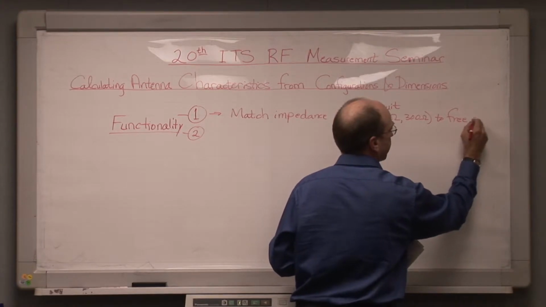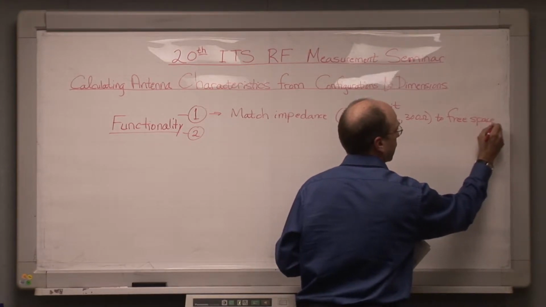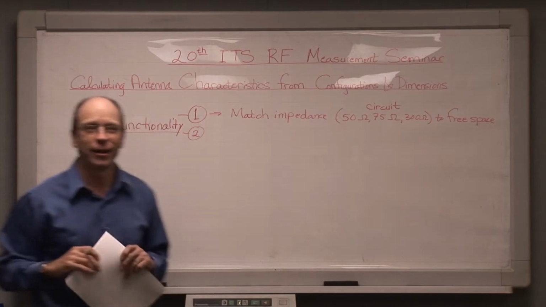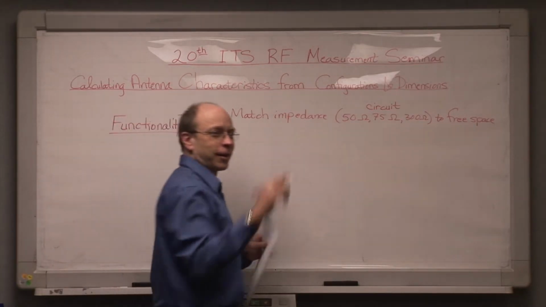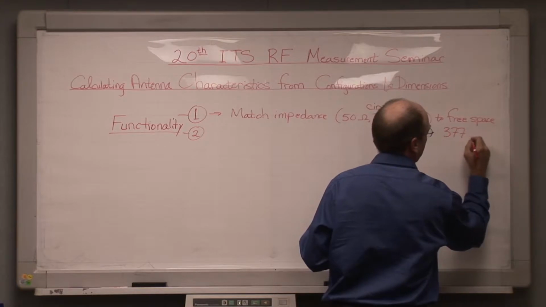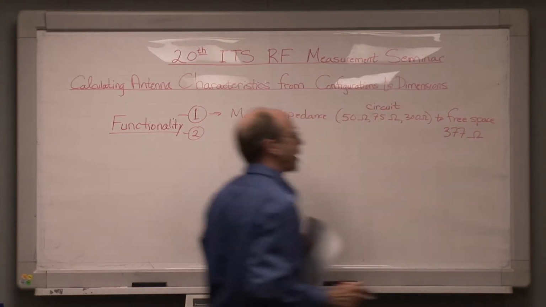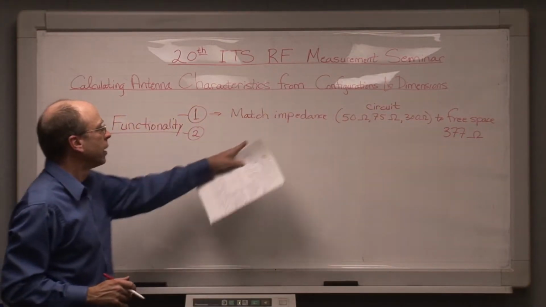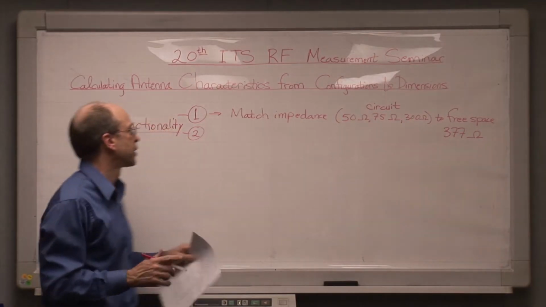And what's the impedance of free space? Anybody? 377 ohms. So one way or the other, some kind of matching has to occur between the impedance of a circuit and the impedance of free space.